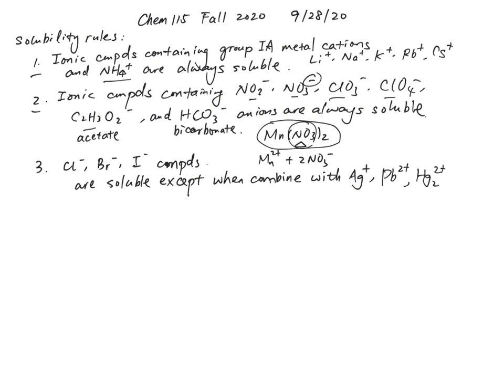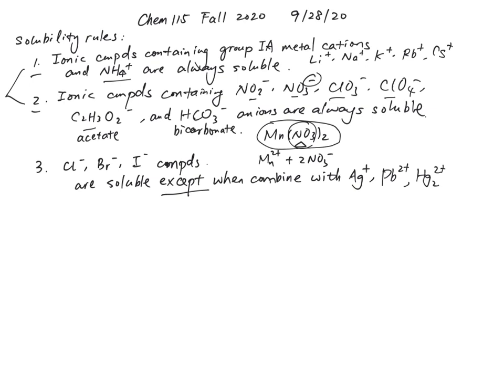So number 3 is still kind of a soluble rule, but this is a soluble rule with exception. Now, these first 2 are soluble rules, no exception. You see these guys, then you can put your stamp on soluble, no matter what the other positive or negative ion is.